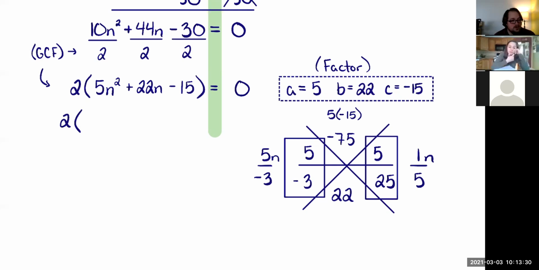But our quadratic trinomial that was inside the parentheses has now been broken down further using the asterisk method to give me the binomials 5n minus 3 and 1n plus 5. Still equal to 0. Don't want to lose any of the pieces.